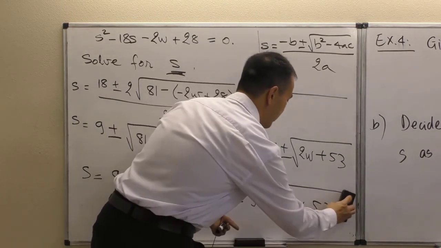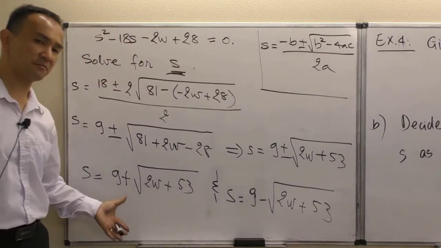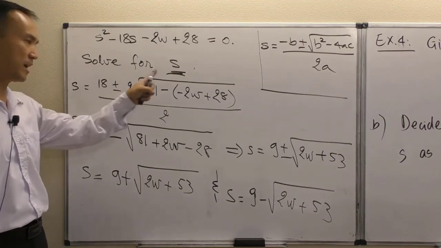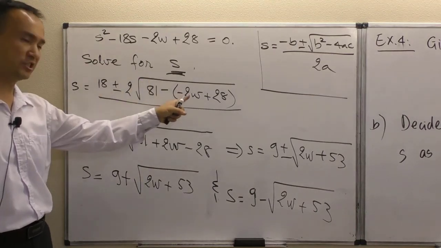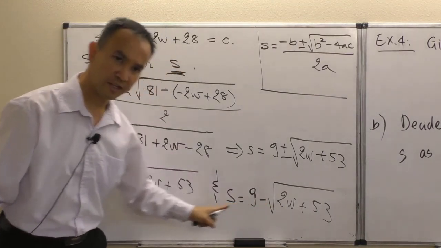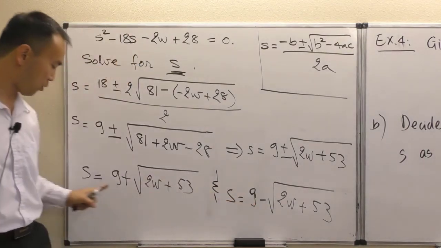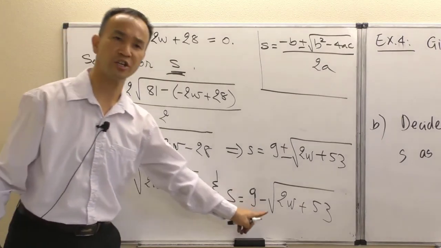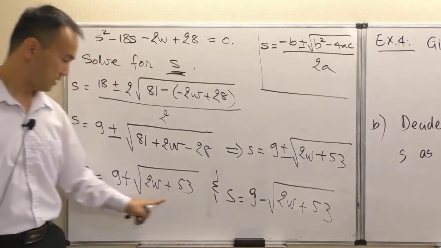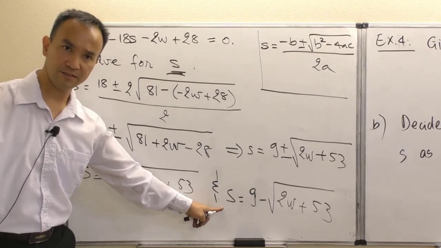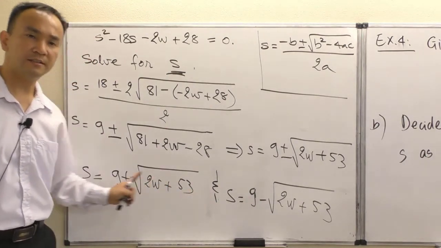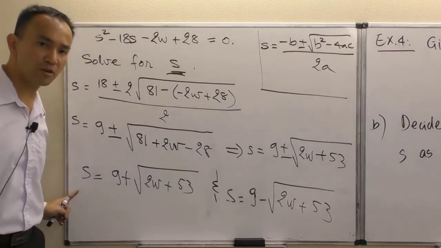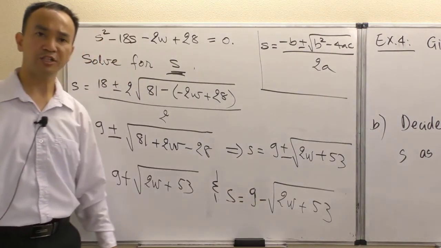Now it's very clear that when we try to solve for S as an expression in terms of w, on the opposite side there is one single S, but we have two expressions in terms of W, both equal to S. That violates the rule for being a function. We cannot have one input that goes to two separate outputs.